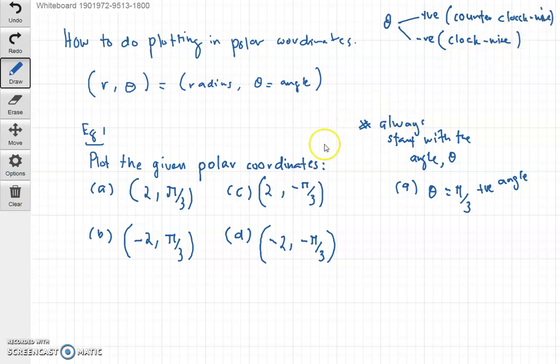Let's say you have the x and y axis. So this is y and this is x. If you calculate based on the positive angle, positive theta, our value of theta is going to start from here, 0. Here is supposed to be 90 degrees positive.